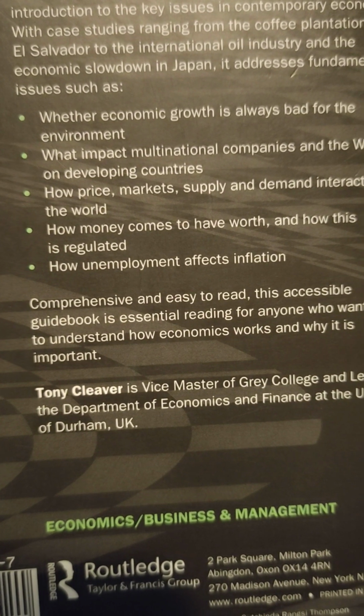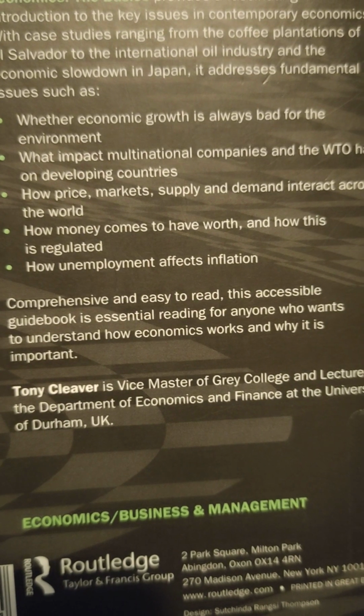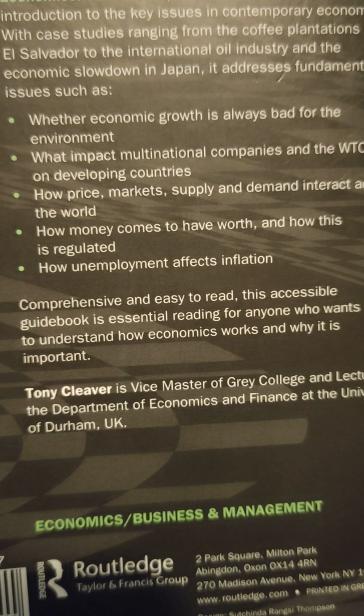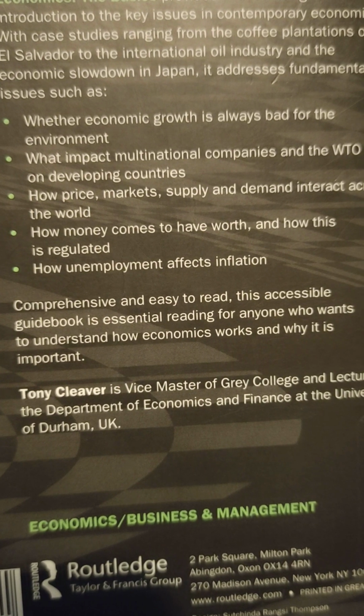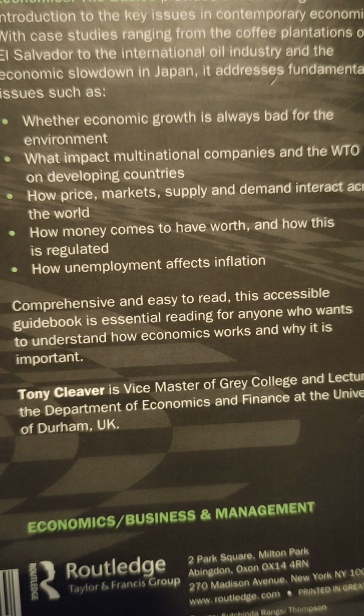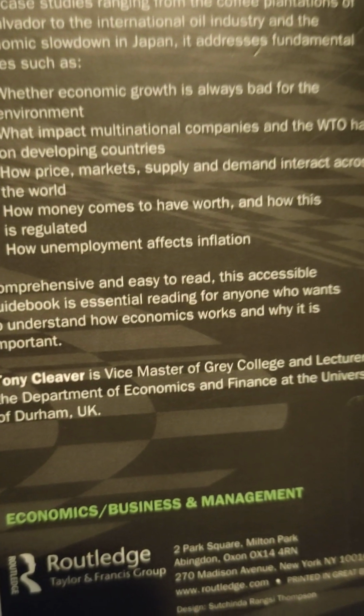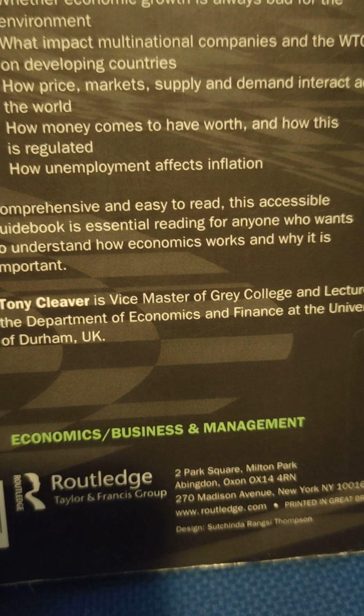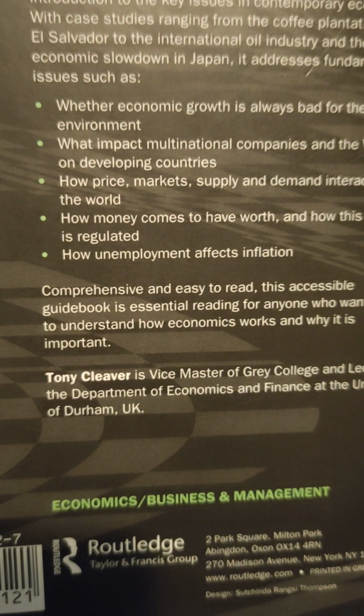The book is comprehensive and easy to read. This accessible guidebook is essential reading for anyone who wants to understand how economics works and why it is important. So, it's a very interesting book.